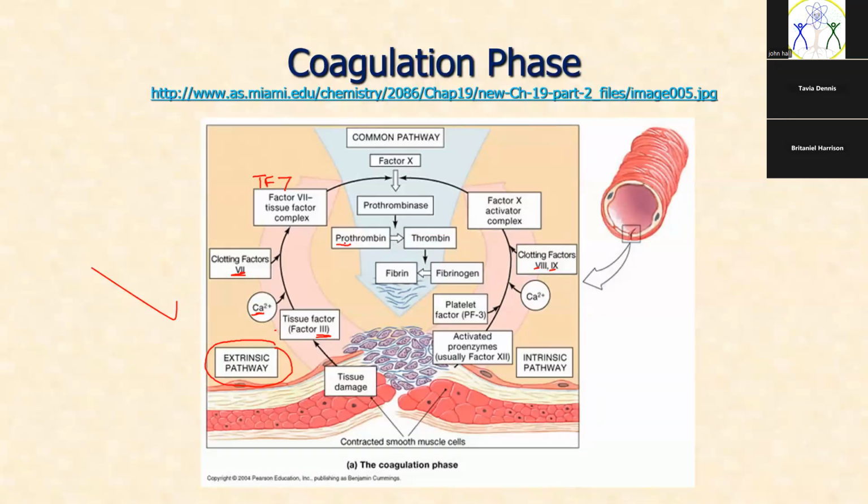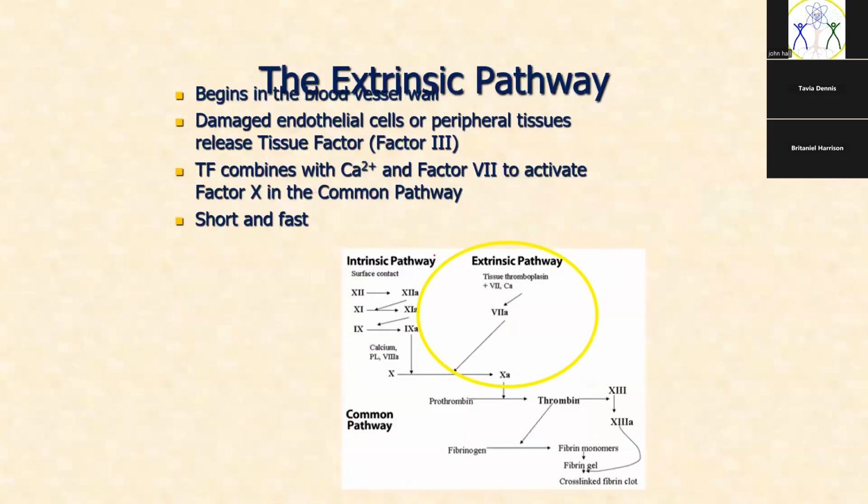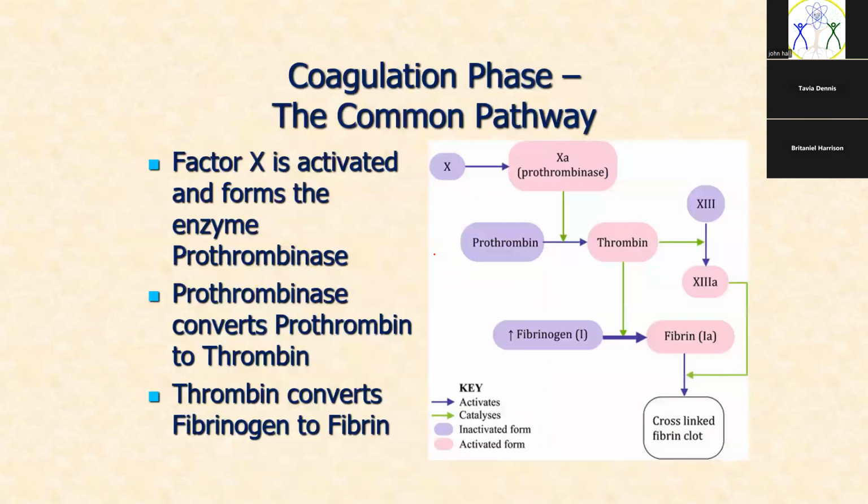So prothrombin becomes thrombin, which is now active, and thrombin takes fibrinogen, which you all know is floating around in the blood already, and converts that to fibrin. And fibrin, of course, is what forms the strands that help to hold the clot together, right? So please make sure you have the understanding of this diagram here.